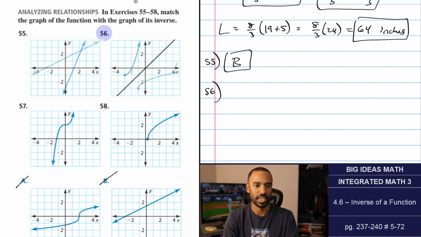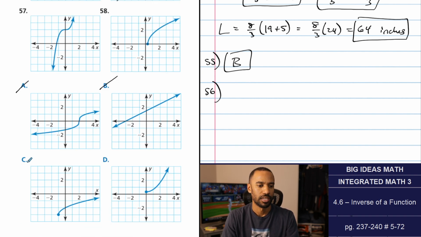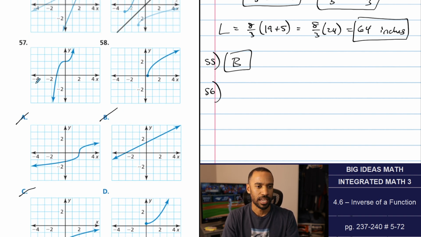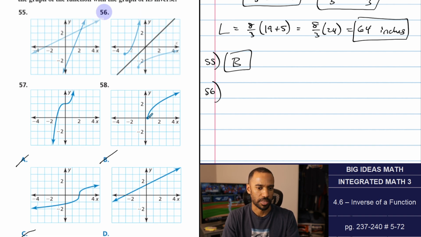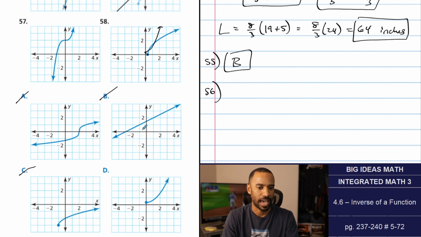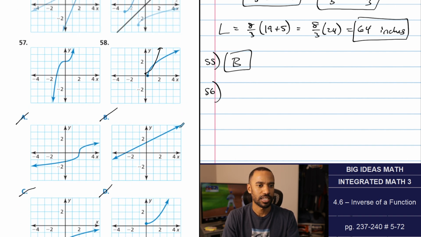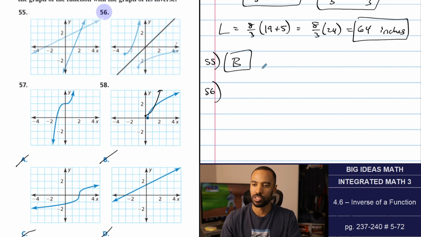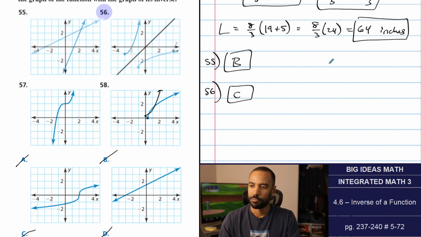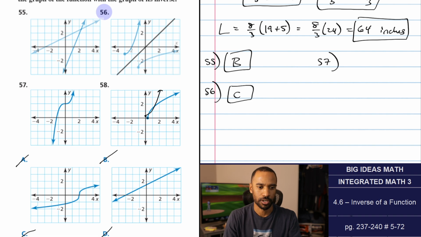So you can see how 56 seems to match with option C. Therefore D, and I know I'm doing all the problems at the same time, has that point right there, should have a point that reflects across right there, and it should be curving up like that, and that's what option D seems to show. So 56 is C. 57 was A, the other cubic with a cube root, and 58 is D.